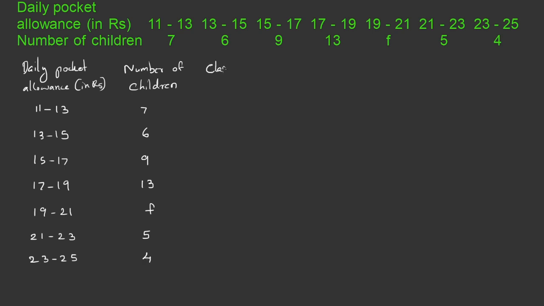First, class mark xi. We know class mark is equal to upper limit plus lower limit divided by 2.